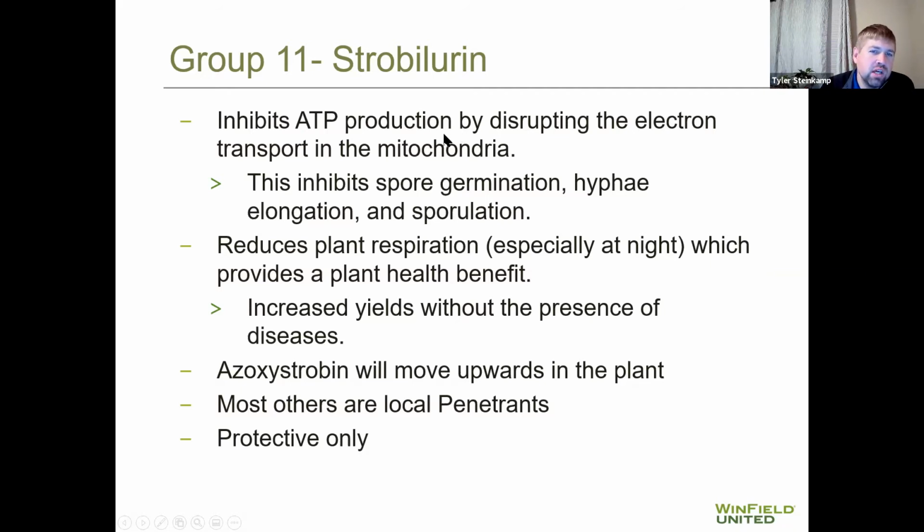That's the reason you get that plant health effect: it slows down the respiration rate of that corn plant, specifically at night. So where you're going to see this most is when you have hot, dry conditions. You will see more of the plant health benefit as opposed to really bad disease years.